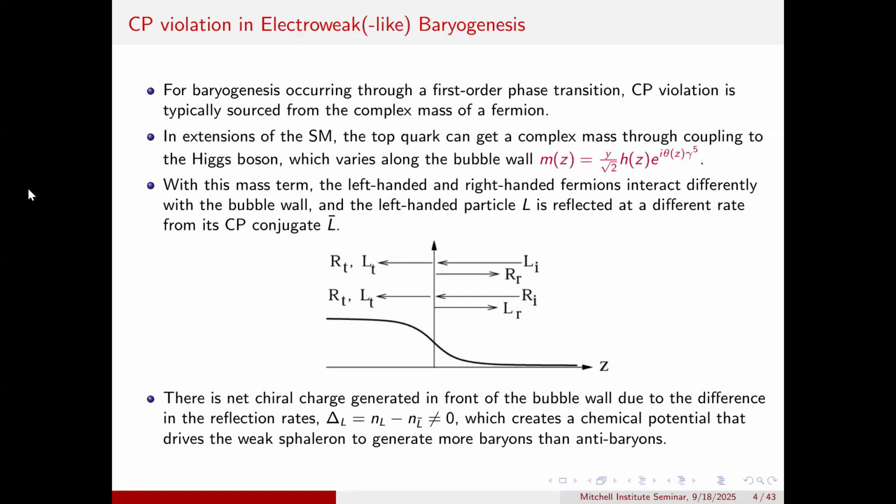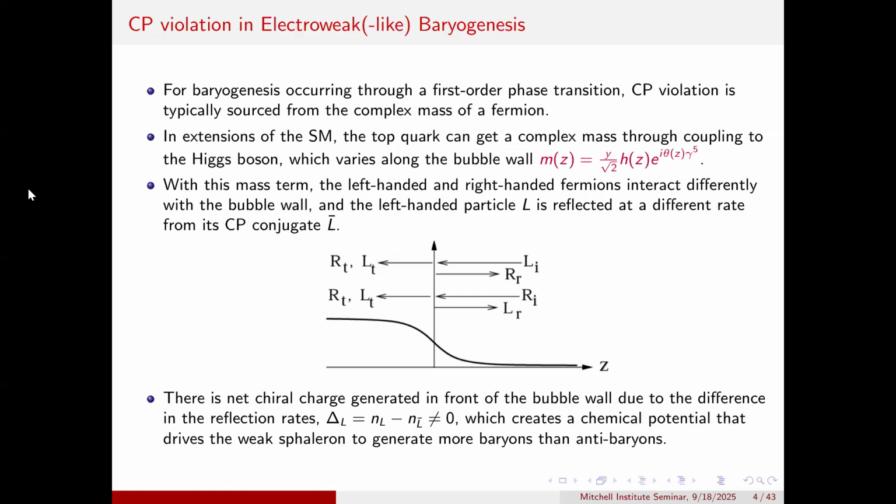Here the y-axis is the value of the Higgs, which varies across the bubble wall. By coupling to the Higgs field, the top quark can get a mass, of course, but in the standard model alone it would be a complex mass with a very small complex phase, as I will mention later.